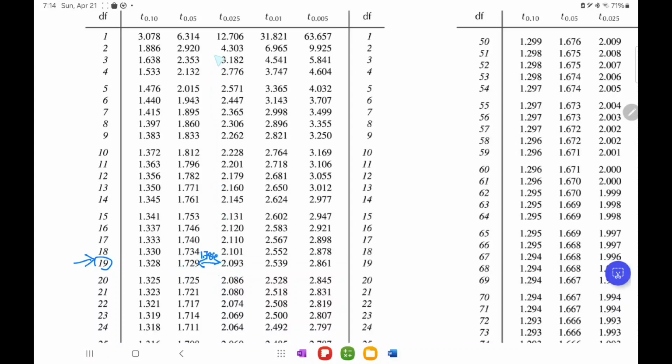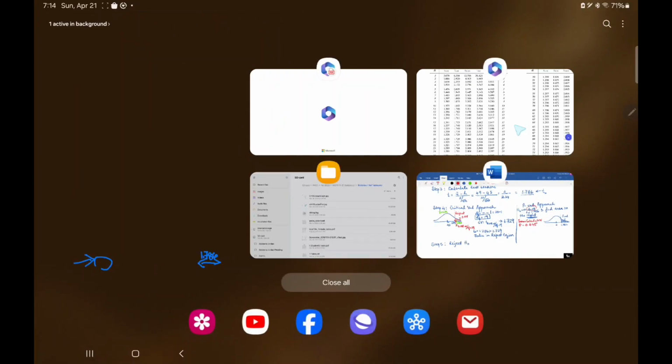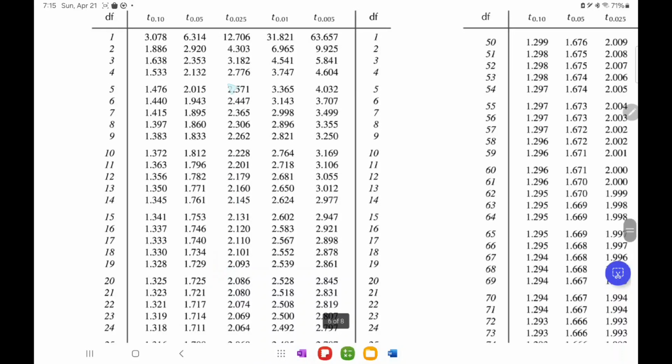Now let's look at our corresponding alpha values. Okay, so 1.786 we said would fall between 1.729 and 2.093, but the alpha values are what we are interested in.